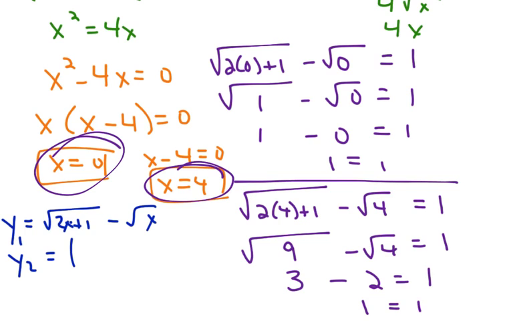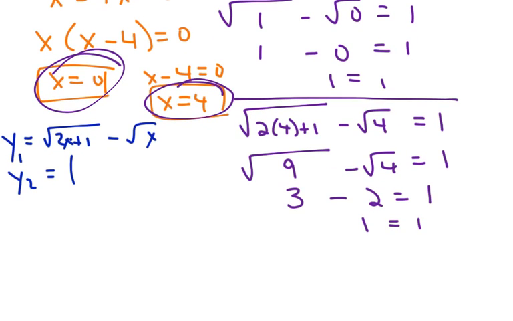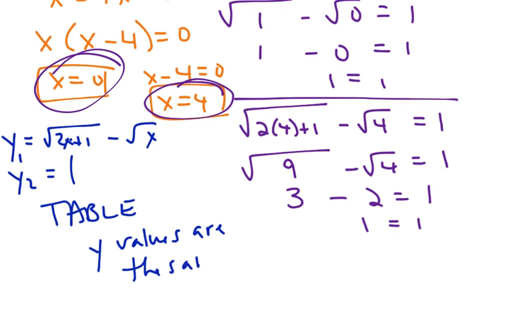So an easier way of telling, other than looking at the graph, is to go look at the table. The points of intersection, if you're looking at the table, is where the y values are the same. So if you graph this in your graphing calculator and then go to the table, you'll notice that at x equals 0, both the y values are 1.